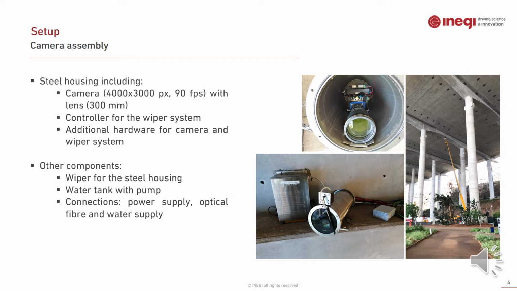Then outside this housing we have the wiper system itself, consisting of the wiper and a water tank with a pump, and the assembly is connected to a power supply, obviously, optical fiber to control the image acquisition and transfer data, and a water supply to refill the water tank when needed. And all of these components were fastened to the concrete structure with screwed connections.